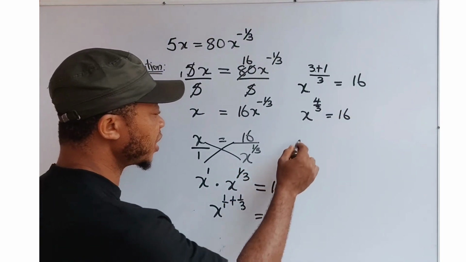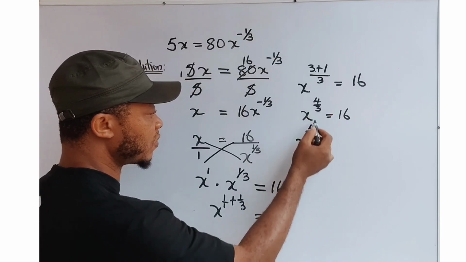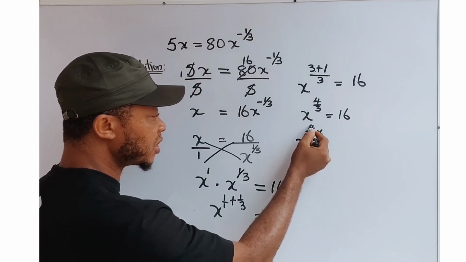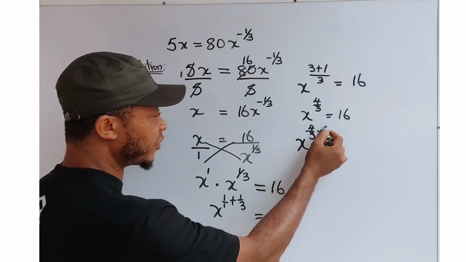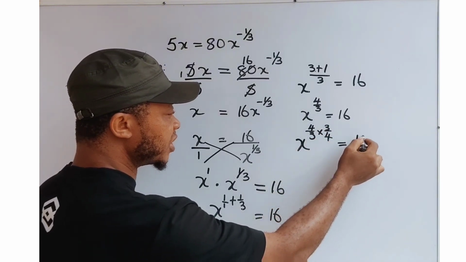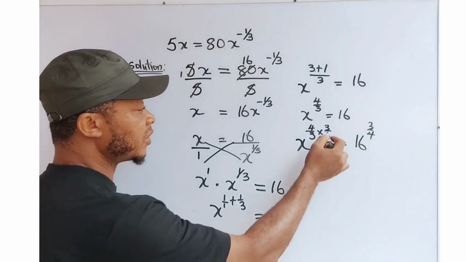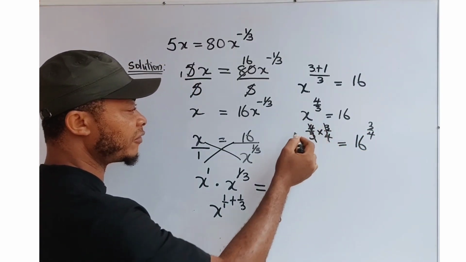So this will be x^(4/3), which is this one, then multiplied by the reciprocal of 4/3, which will give us 3/4. Everything will now be equal to 16^(3/4). So that 3/4 can cancel 4/3.